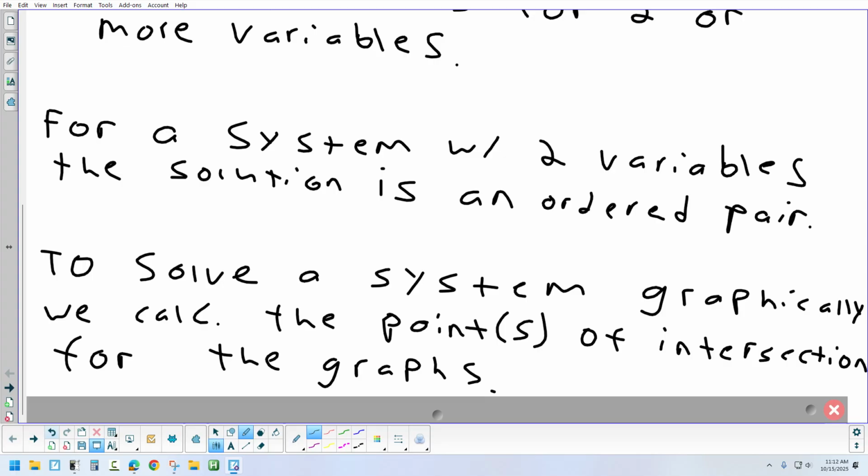The biggest thing that goes wrong here is people do not look off the screen. We have an idea of what polynomials look like, so keep in mind there could be something off the screen that you have to look for. Because if it's there and you miss it, then you'll get it wrong.